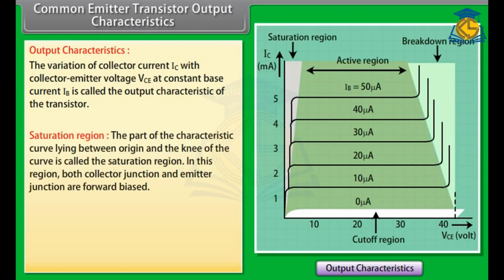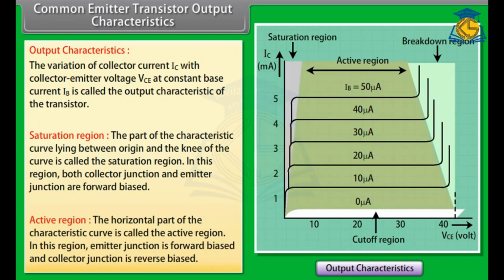Saturation region. The part of the characteristic curve lying between the origin and the knee of the curve is called the saturation region. In this region, both the collector junction and emitter junction are forward biased. Active region. The horizontal part of the characteristic curve is called the active region.